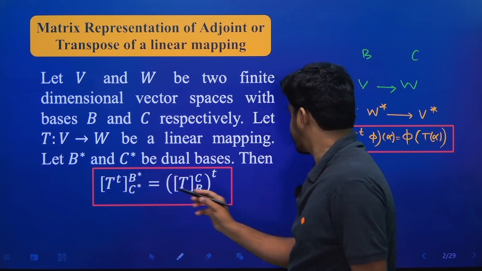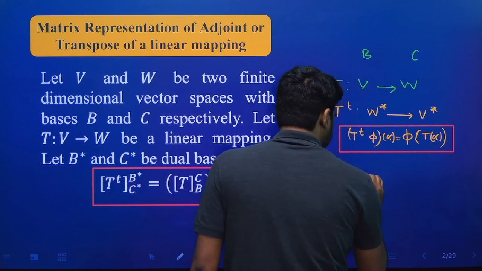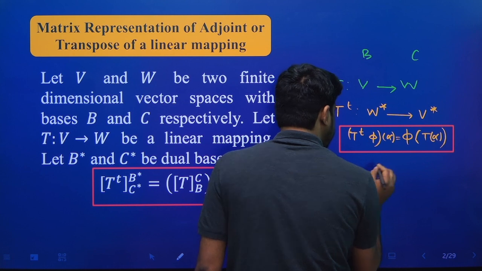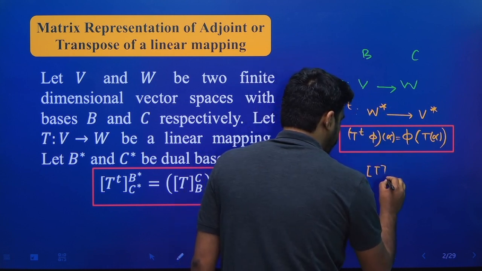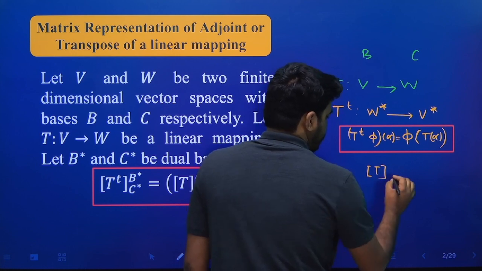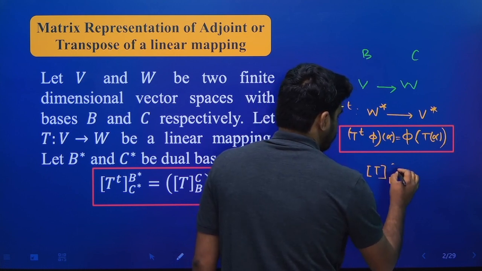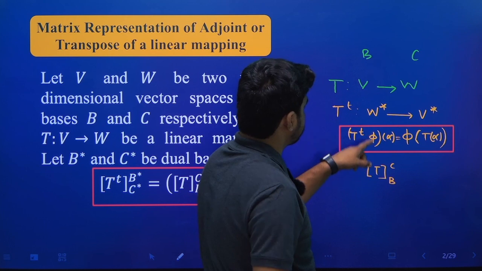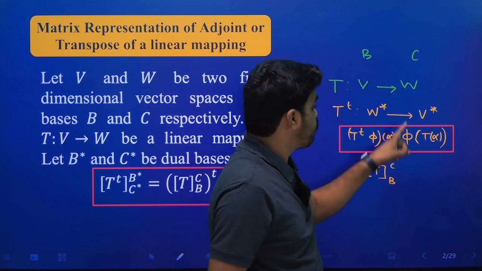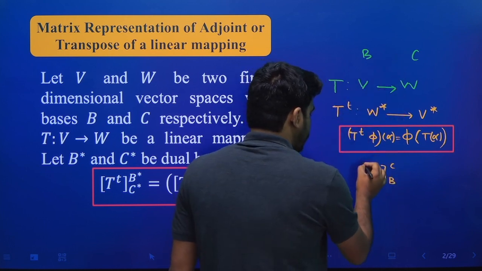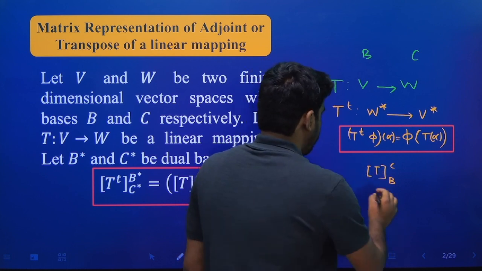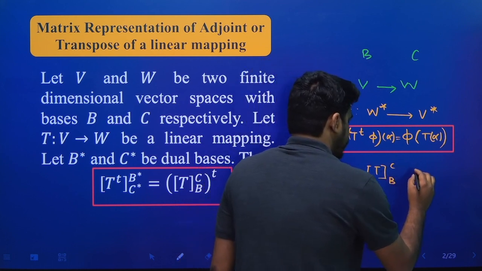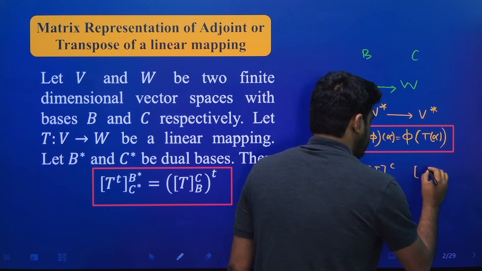The matrix representation of a linear mapping T is denoted in this form, B to C, where B is the basis for V and C is the basis for W. This is the notation for the matrix representation of a linear mapping, and it is also written simply in this form.